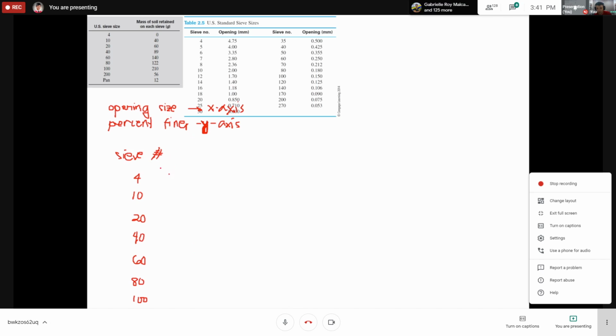For sieve number 4, the opening size is 4.75. Sieve number 10 is 2. Sieve number 20 is 0.850. Sieve number 40, 0.425.